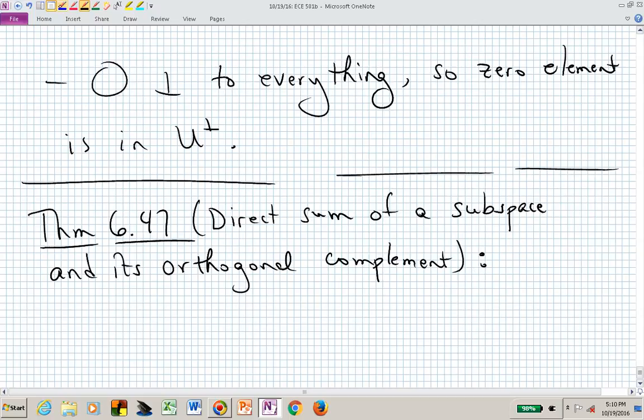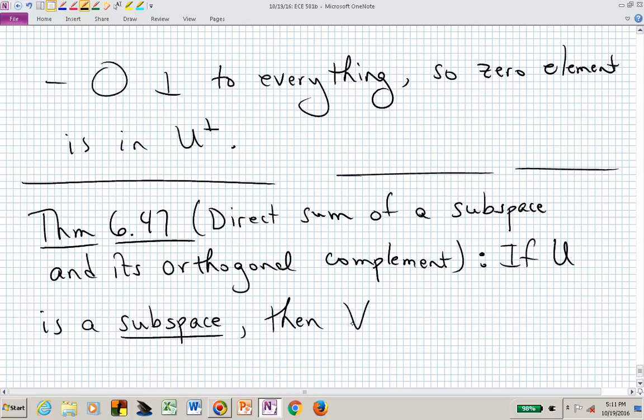And here we are going to assume that U is a subspace and not a subset. If U is a subspace, then our entire vector space V is the direct sum combination of U with U perp.